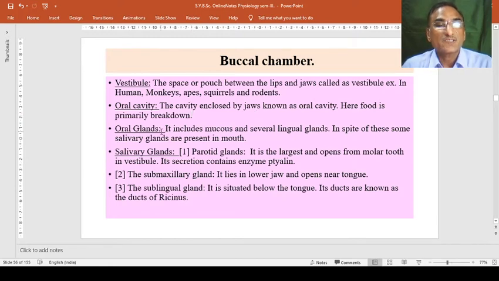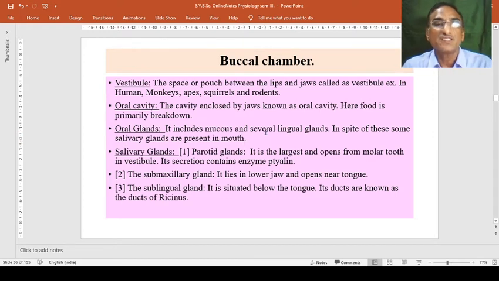Oral glands: simultaneously, when the food is stored in the vestibule or oral cavity, after breakdown, the food mixes with saliva, which is secreted by the oral glands. It includes mucus, watery material, and several lingual glands. In spite of these lingual glands, salivary glands are also present in the mouth.